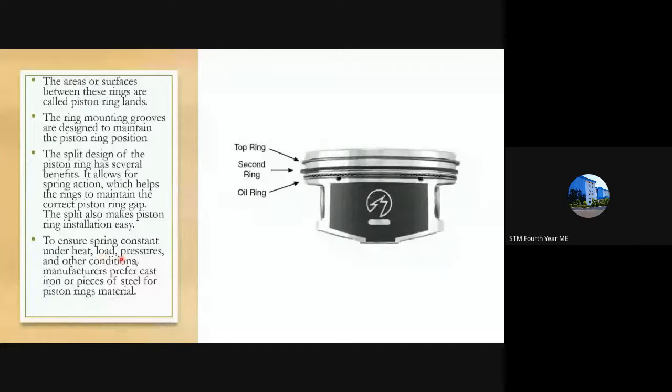Load occurs during the compression force, and pressure occurs during the expansion stroke, or the explosion that occurs inside the cylinder. So for that purpose, the spring is manufactured using cast iron or pieces of steel.